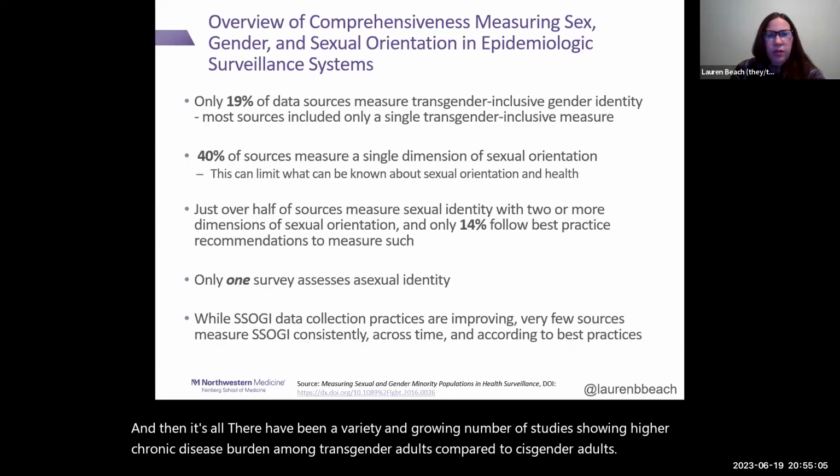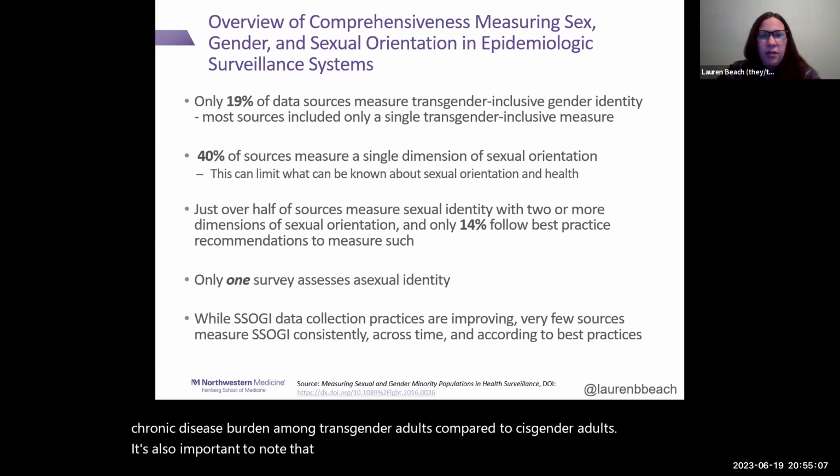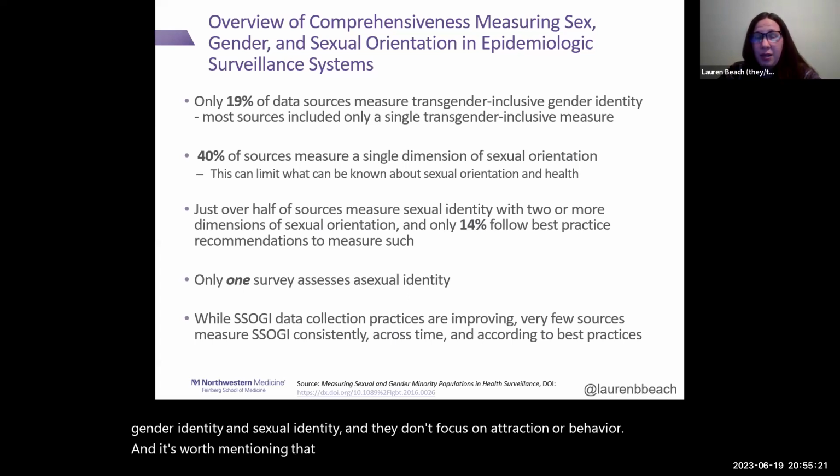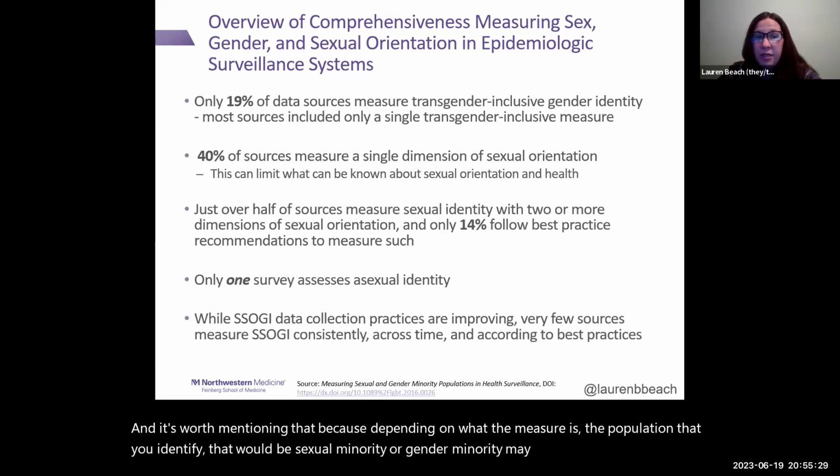It's also important to note that a lot of these studies I'm talking about really focus on gender identity and sexual identity, and they don't focus on attraction or behavior. It's worth mentioning because, depending on the measure, the population you identify as sexual minority or gender minority may vary considerably.